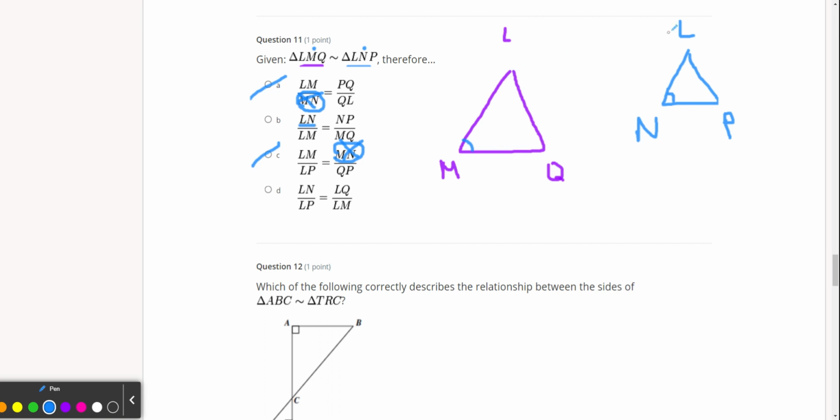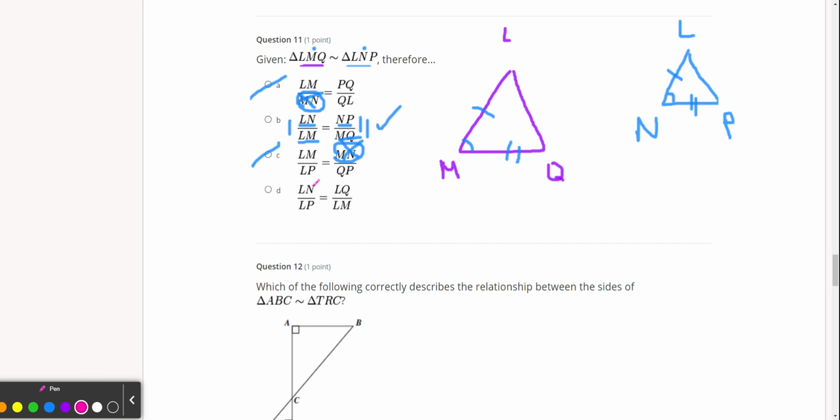So LN goes with LM, so those are both one tick mark. And then NP goes with MQ. That's two tick marks. So that one looks like it works.